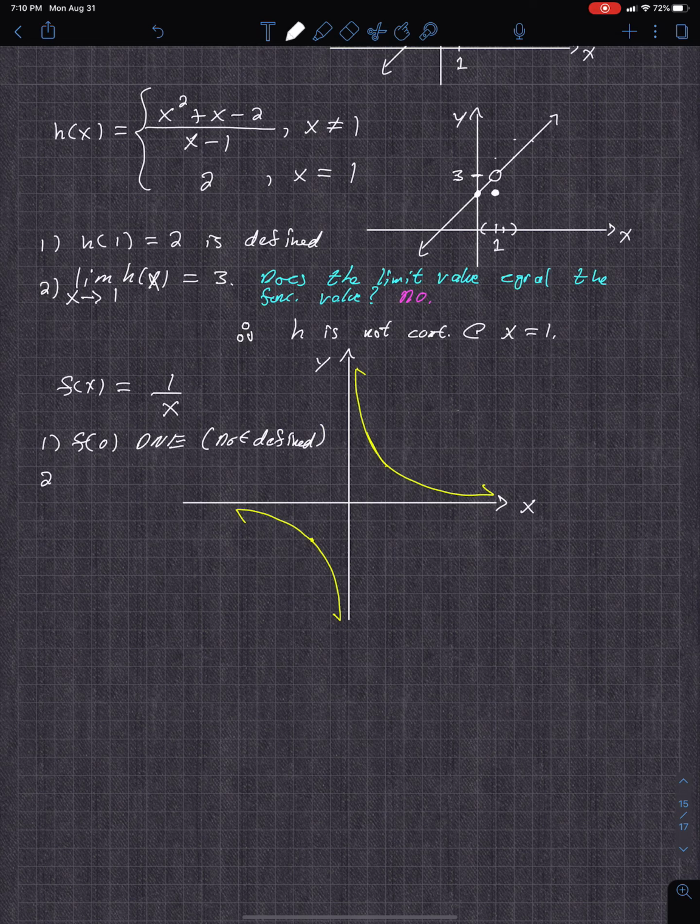And 2, we would say the limit of f of x as x approaches 0 is a DNE as well. It does not exist. Okay, so f of 0, really technically, you'd say is not defined. You can also say doesn't exist, but the better way of saying it is the function value is not defined, because it isn't. It's undefined there. And then 2, you normally say the limit doesn't exist.